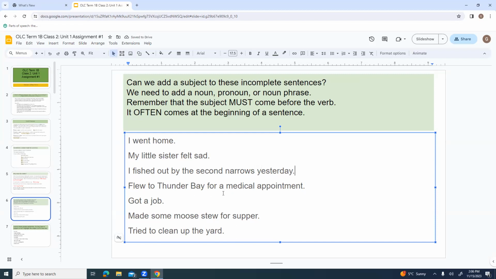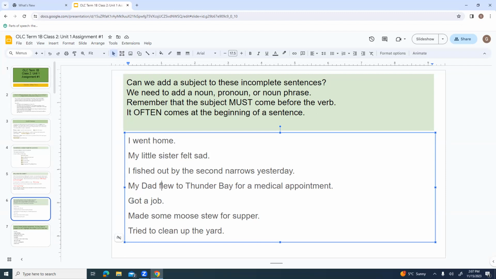Flew to Thunder Bay for a medical appointment. I could say, my dad flew to Thunder Bay for a medical appointment. And you can see once I'm adding things, I have to change that capital to a lowercase because it's no longer the beginning of the sentence, right?